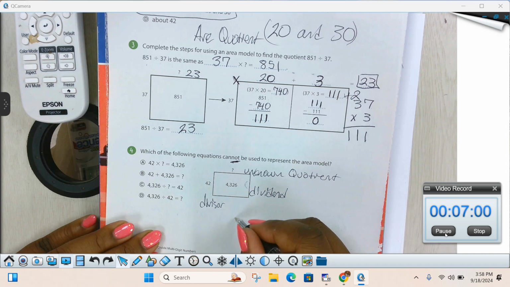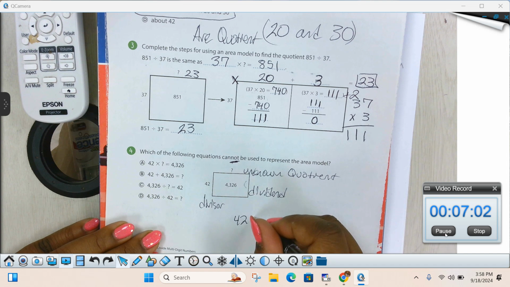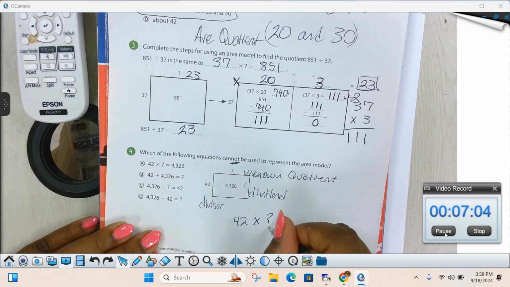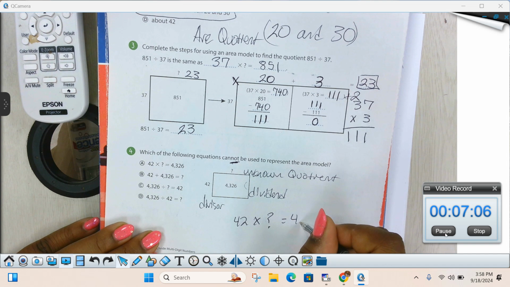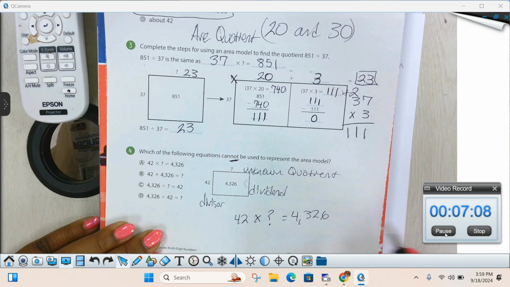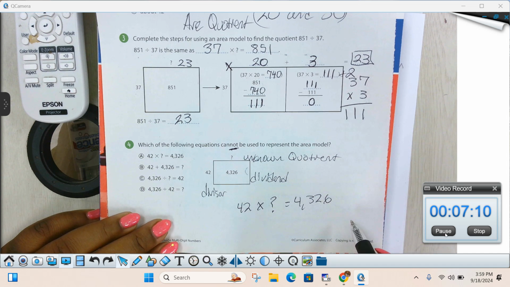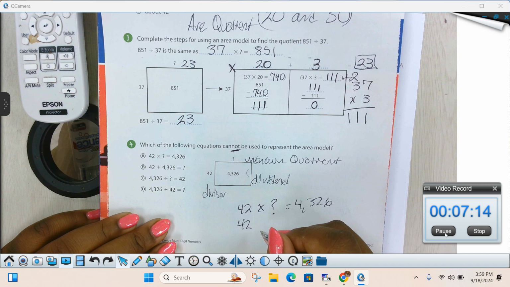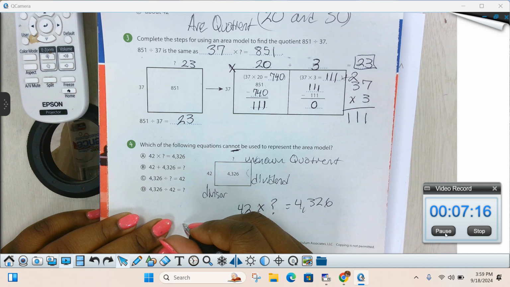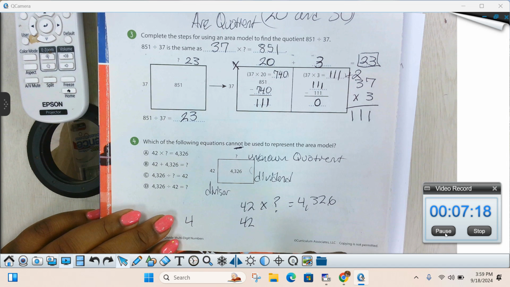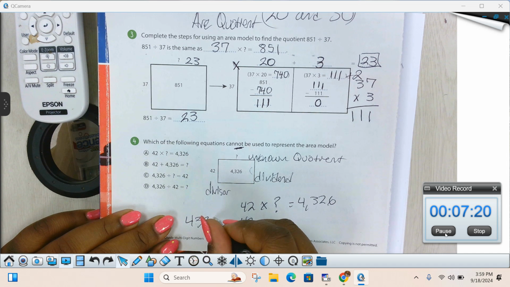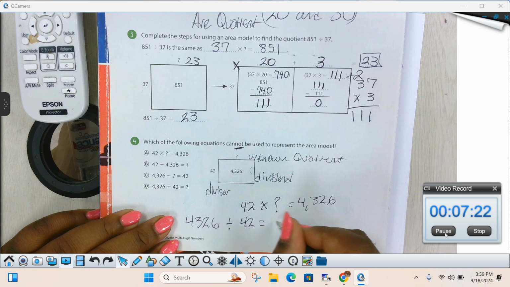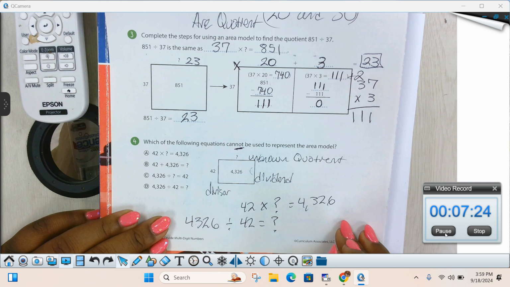So if I was to write this right now, I would do 42 times the unknown equals 4,326. That's how I would write it. The opposite way. The way I could also do it is 4,326 divided by this equals the unknown.